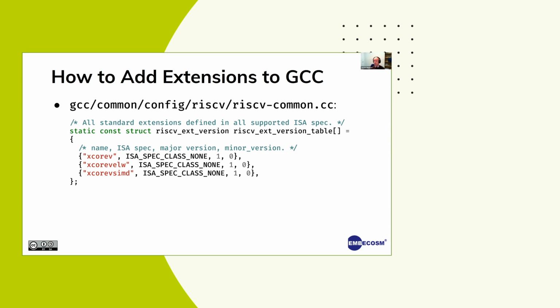Each of our extensions has a name that is XCORE-V and then something describing the extension. So, for example, we have XCORE-V ELW, which you can add to your architecture string to get the event load word extension. And we've got XCORE-V SIMD, which you can add to get the CORE-V SIMD extension. ELW is an ISA extension with 1 instruction.